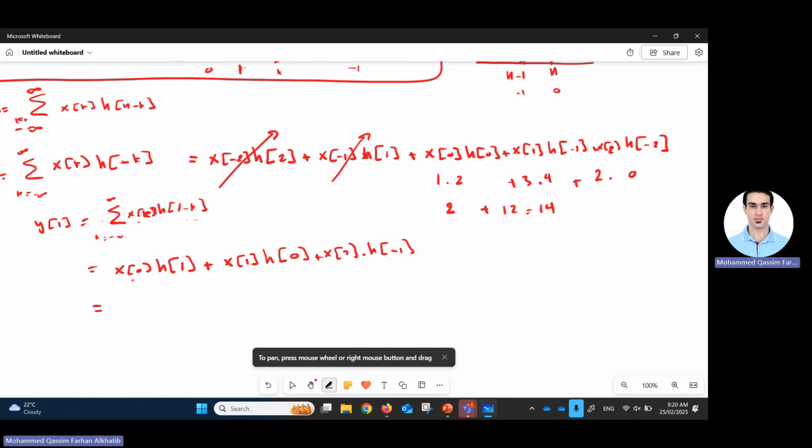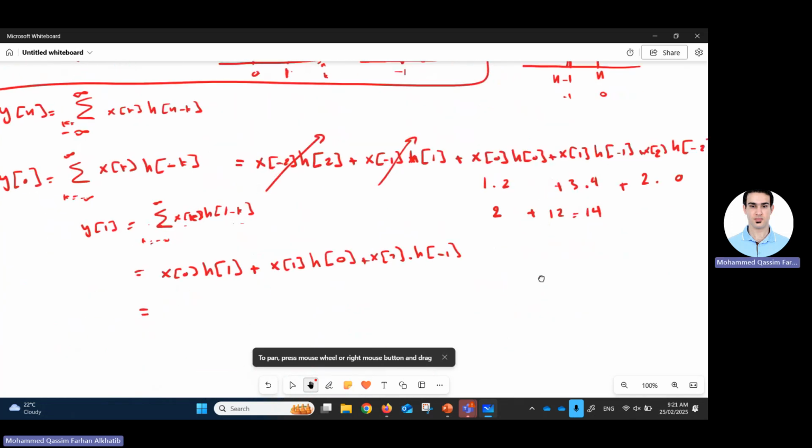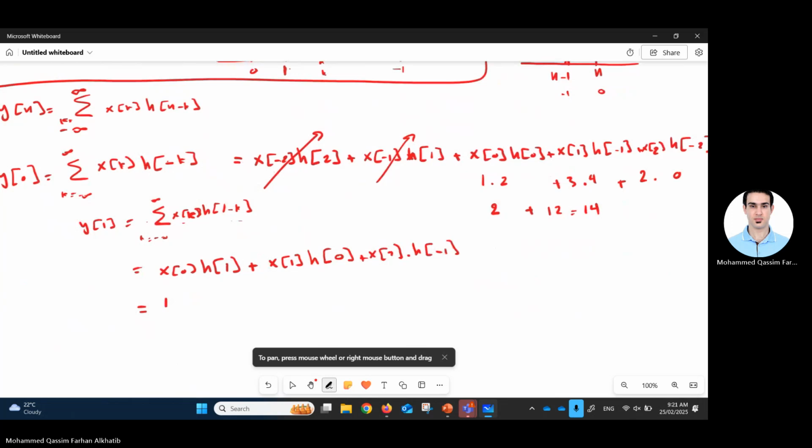And same thing. x of 0 is how much? It's on top. I think it was 1. x of 0, it's 1 times h of 1 is 0, plus x of 1, it was 3, I believe, times what about the value of h of 0?